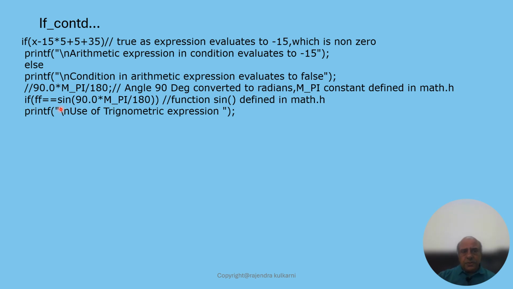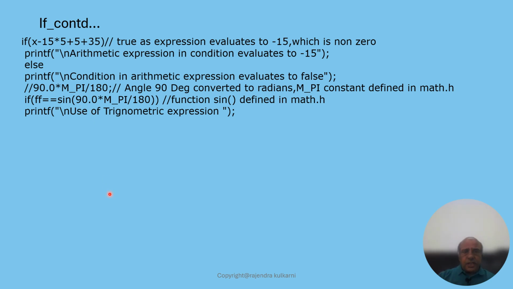In this expression, if ff is equal to sine of angle 90 converted to radians by multiplying it by M_PI and dividing by 180, if this condition is true, printf "use of trigonometric expression" will be the output.